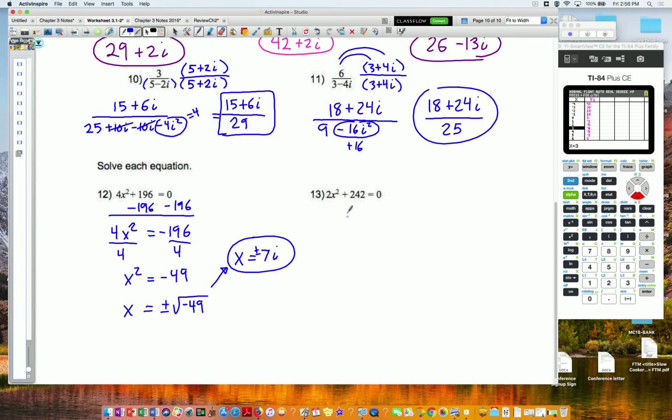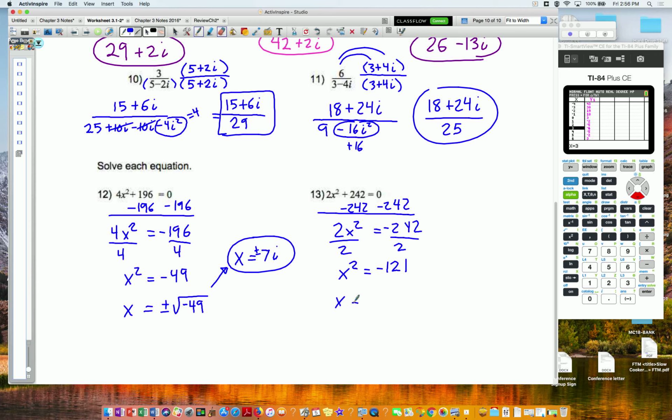All right, last one, same process. Minus 242. So 2x squared equals negative 242. The negative didn't show up nicely there. Divide both sides by 2. x squared equals negative 121.